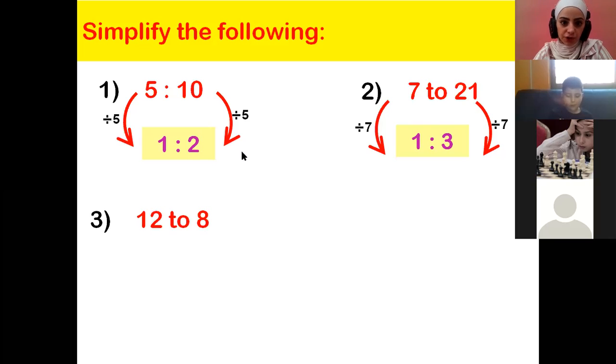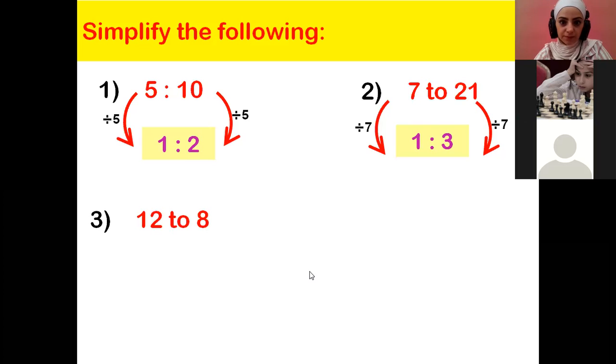This is another one. 12 to 8. Yes, Jude. 12 divided by 2. So you can divide by a bigger number. By 3. Okay, you can divide 12 by 3, but you can't divide 8 by 3.